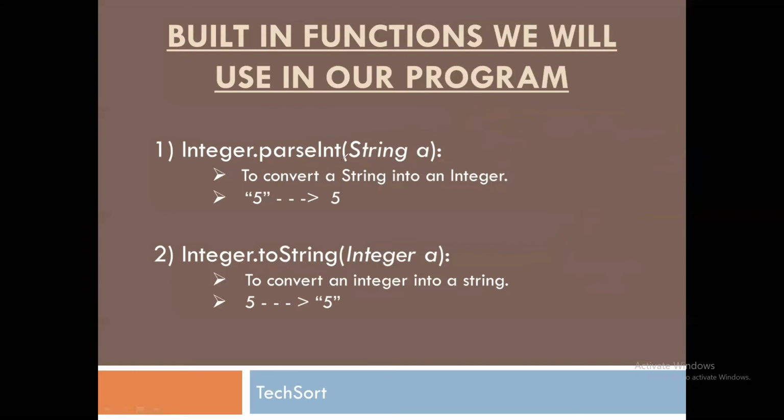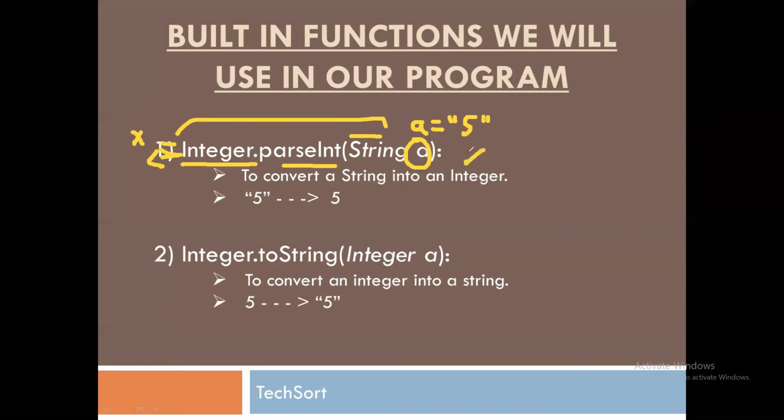Now what's the syntax of it? We will write it as Integer dot parseInt, string. String is any variable name which is of data type string, and I want to convert it into an integer. For example, A is equal to 5. So after this program runs, let's say I store this answer in x is equal to this statement.